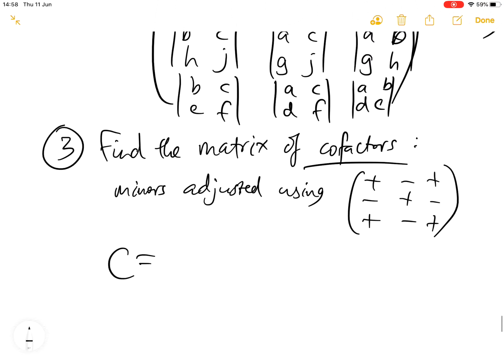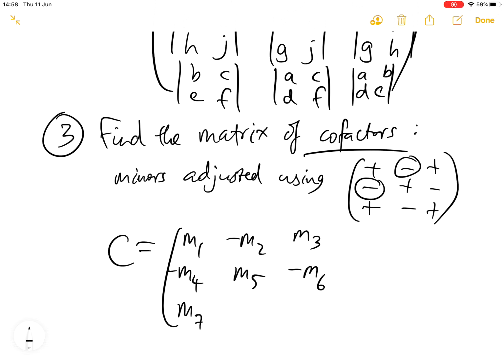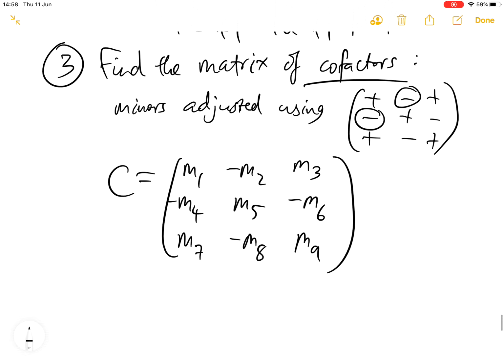So the matrix of cofactors, which we'll call C, is M1, and then M2 we're going to replace with minus M2 because there's a minus here. M3, and then minus M4, plus M5, minus M6, M7, minus M8, M9.